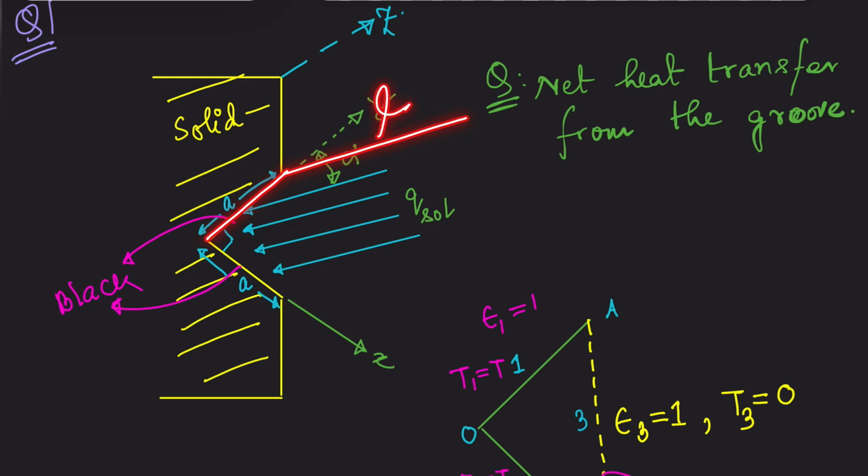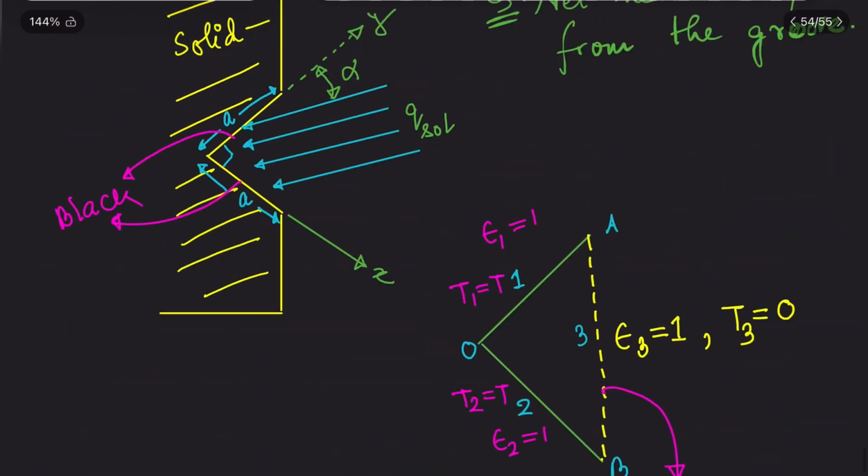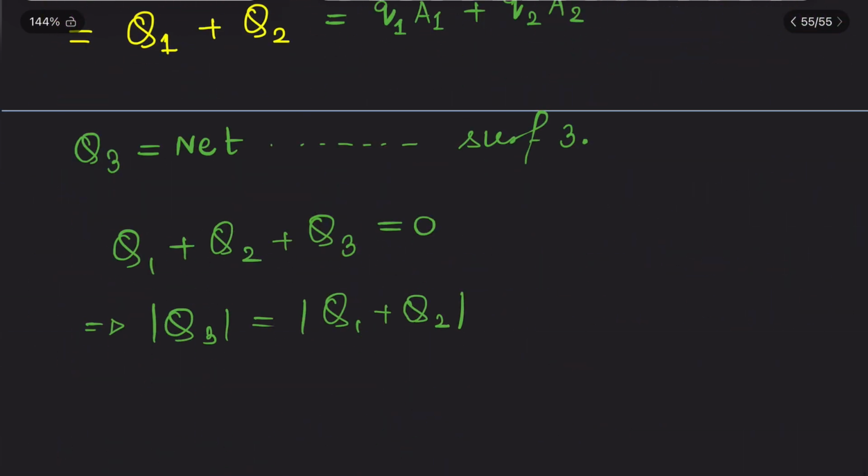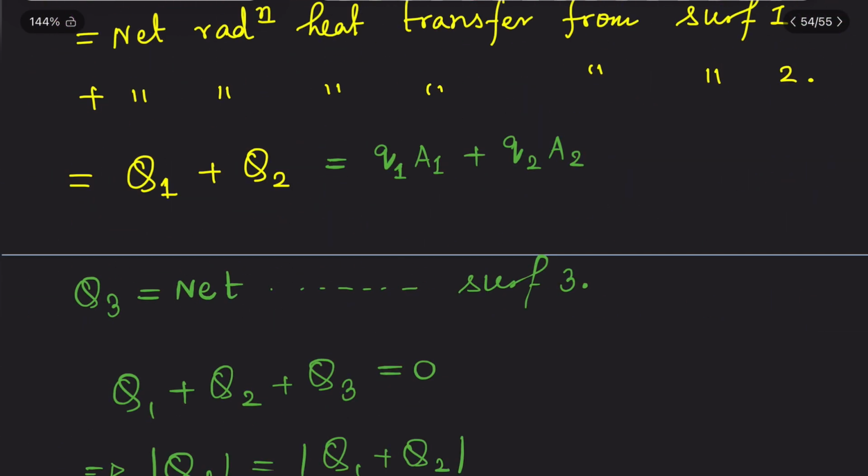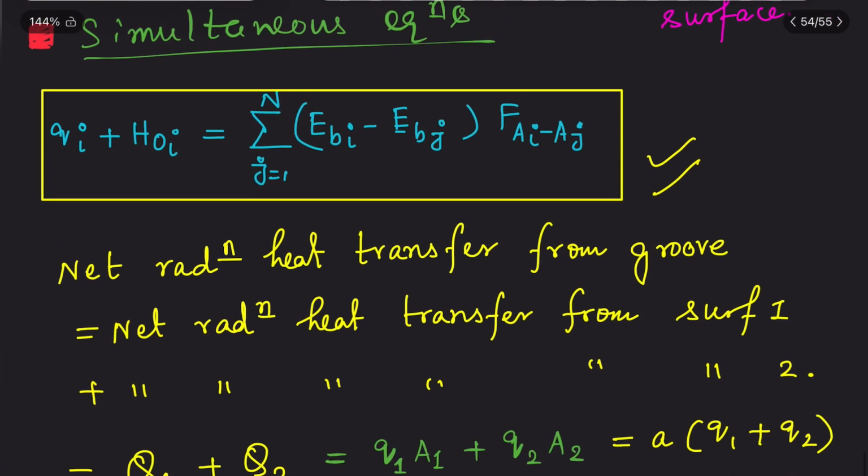If it is not a rectangle, then it is A L sin theta, A cross L. Whatever it is, I will take it as A into 1, because I am taking it as a 2D thing. So I can further write it as A into Q1 plus Q2. So if I find Q1 and Q2, I can find the answer.